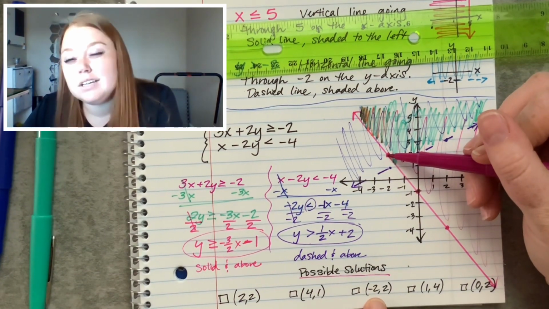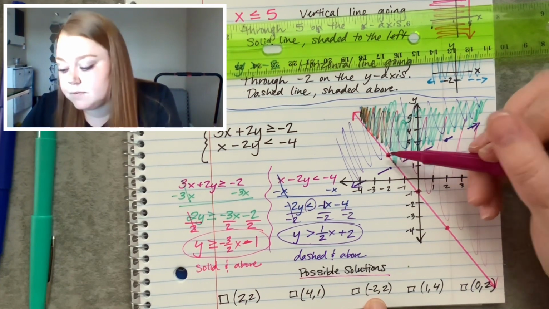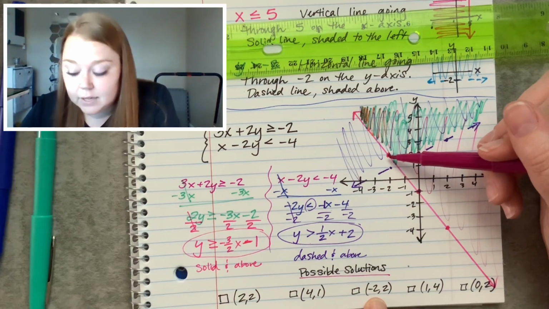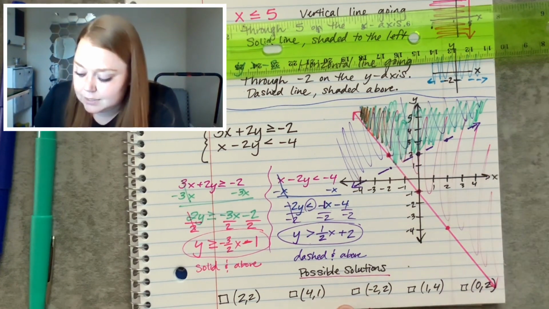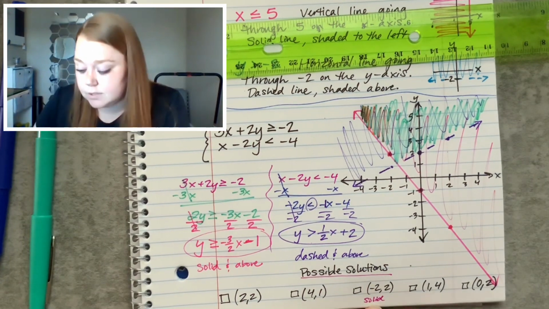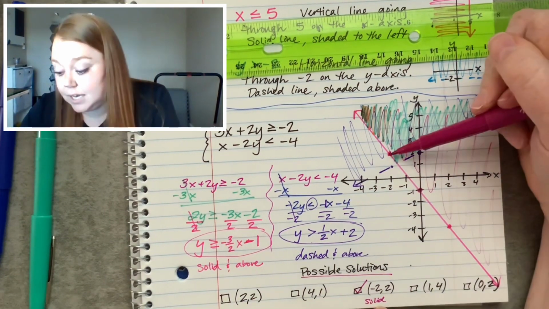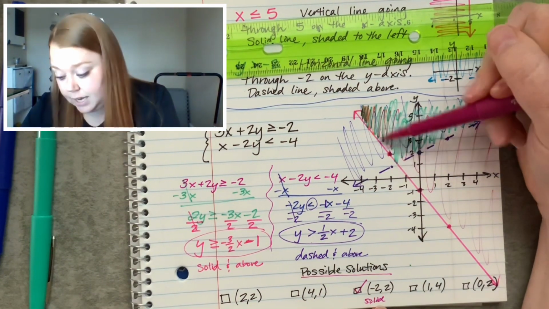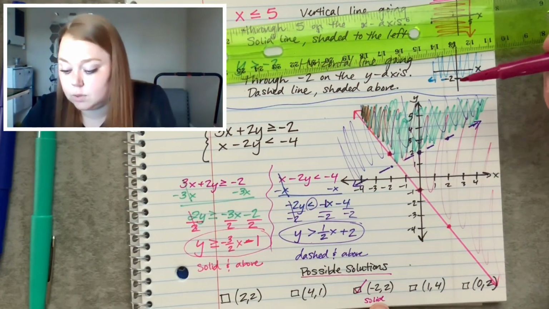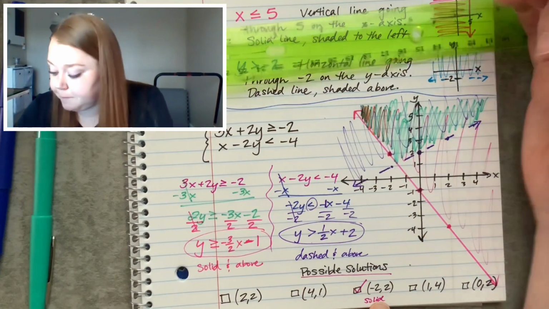Okay, so that's on the line. Sometimes if it's on the line, it is a solution for the system, and sometimes it's not. Since it's on a solid line, that means it is a possible solution because it works for the pink line and it's also above the purple. Okay, so that's a solution because it works for both inequalities.